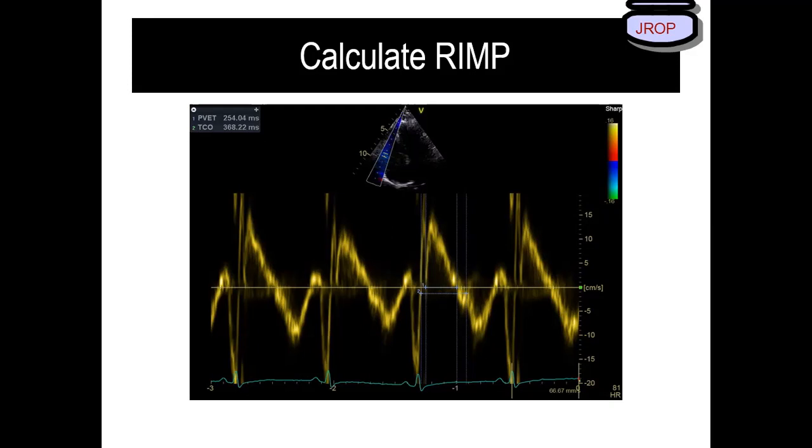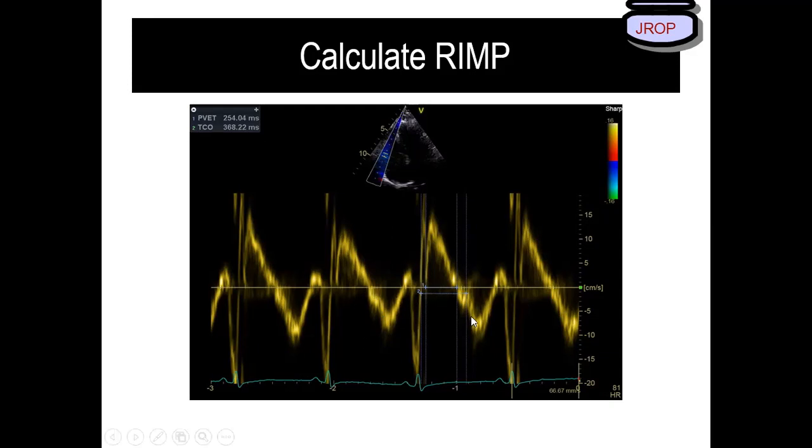Sir, the positive point of this method is that it will tell us the prognosis of patients suffering from COPD. Yes, the higher the RIMP, the poorer the prognosis. Second important thing is that we are looking at systole and diastole at the same time.